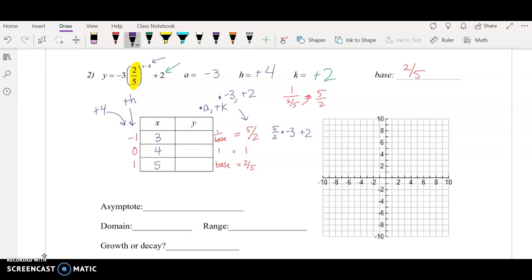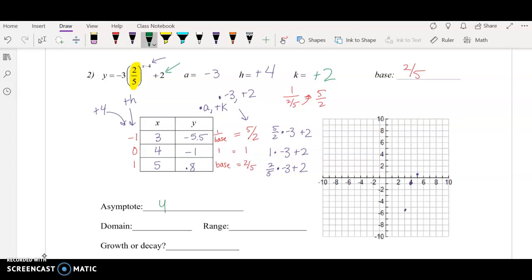And so what we can do is type that in and get -5.5 on our calculators. For the next one, times -3 and then add 2. We get -1 back out. And the last one, we're going to multiply again by a, which is -3, and add 2, and we're going to get 0.8. So we're going to graph each of these, 3, -5.5, 4, -1, and 5, 0.8.